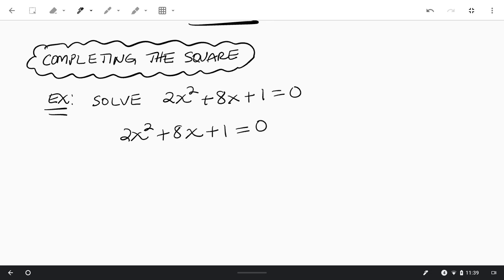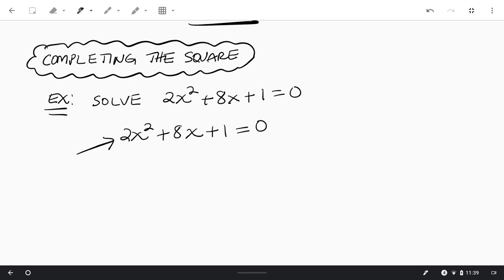Before you can complete the square, this leading coefficient needs to be 1. If it's not 1, then we need to make it 1 by dividing everything by that coefficient. Here that coefficient is 2, so I'm going to divide everything by 2.